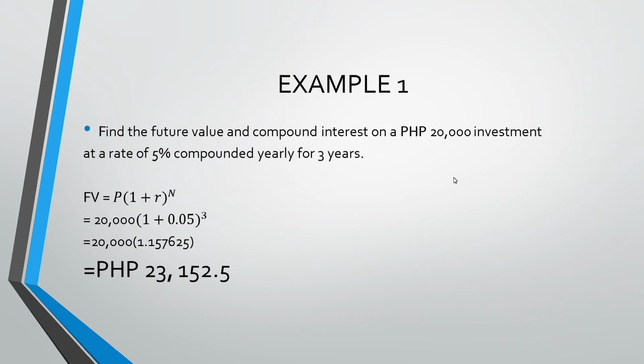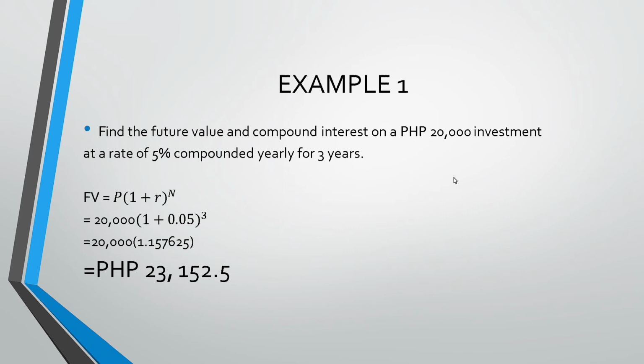Now let's simplify the terms inside the parentheses. So 1 plus 0.05 is equal to 1.05 raised to 3, that would result to 1.157625, and then we will multiply it to the principal, which is 20,000. Therefore we will have 23,152.5 pesos.